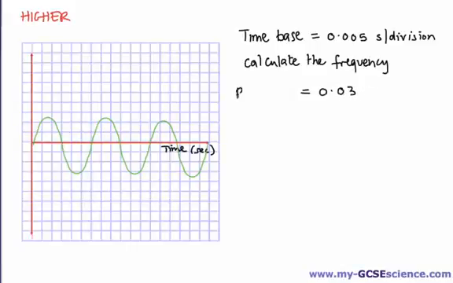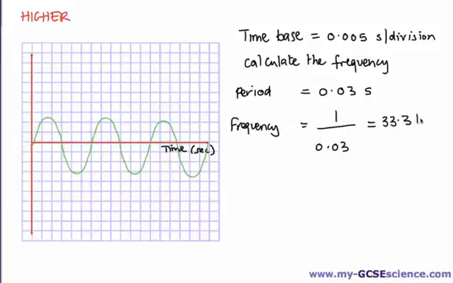So the period is 0.03 seconds. And remember to put the units in, and the frequency therefore is 1 over 0.03, and I believe that is 33.3 hertz. That's a 3 recurring. 33.3 hertz. So that's how you work out the frequency.